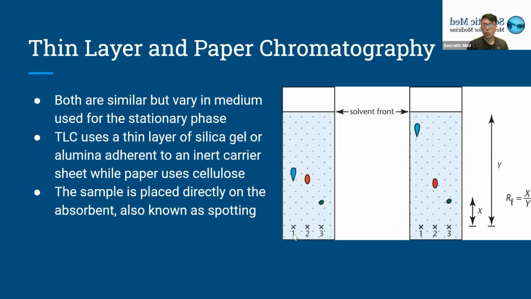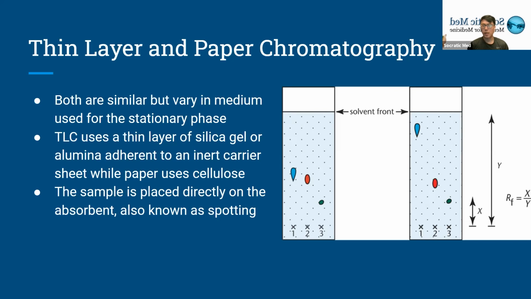As you can see, 1 and 2 moved more than 3 on that first chromatography plate. This most likely shows that the first and the second are less similar to the stationary phase that was used, because the mobile phase was able to carry them more during the experiment, while spot number 3 moved a lot less than the first 2 spots.